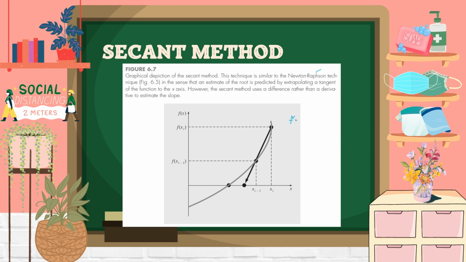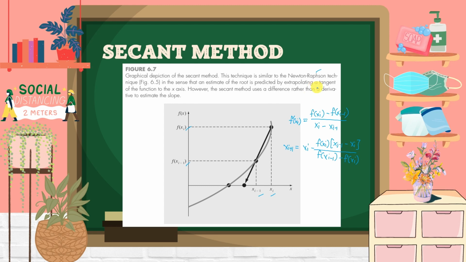So we have here the first derivative equated to the function of x sub i minus the function of x sub i minus 1 all over the run, so it will be x sub i minus x sub i minus 1. Rearranging this equation, we can have the value of x sub i plus 1 equal to x sub i minus the function of x sub i multiplied by x sub i minus 1 minus x sub i, all over the function of x sub i minus 1 minus the function of x sub i.